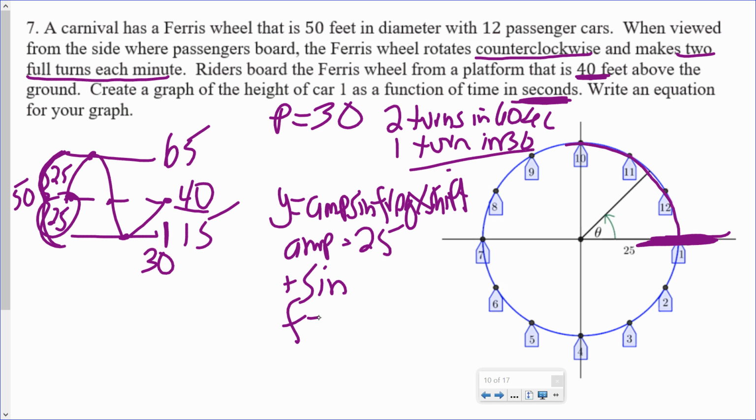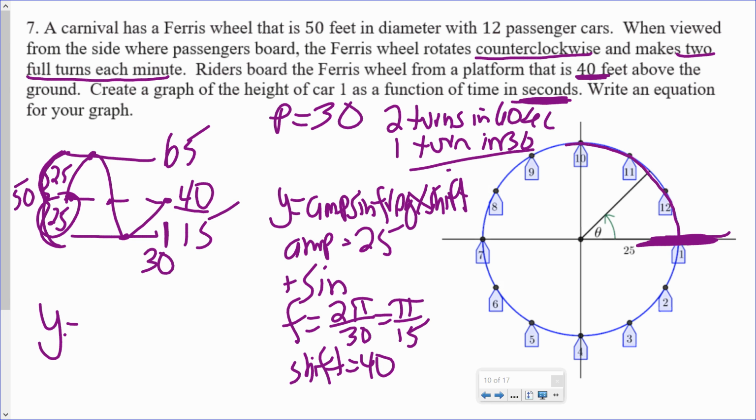My frequency is 2 pi over the period, which is 2 pi over 30, which reduces to pi over 15. My shift is my midline, which is 40. So it's y equals 25 sine pi over 15 x plus 40.